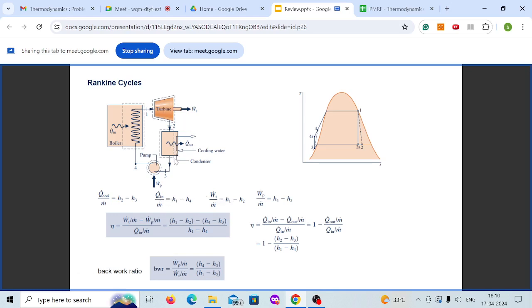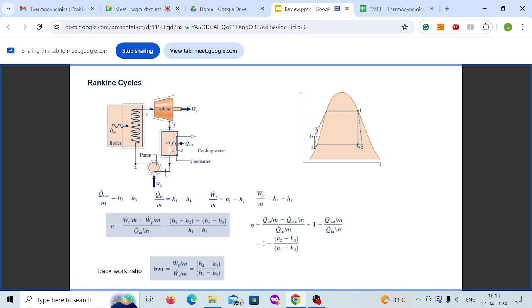Similarly, across the condenser it will be H2 minus H3, and the work transfer in the turbine, applying a control volume, will be H1 minus H2, and in the pump it is H4 minus H3. So with all the components we can find the efficiency. The efficiency will come out to be 1 minus (H2 minus H3) over (H1 minus H4).